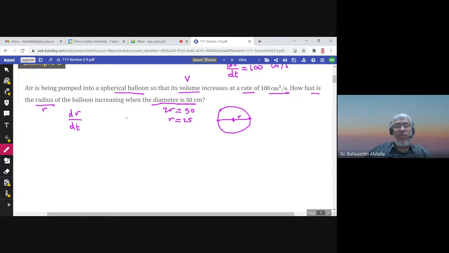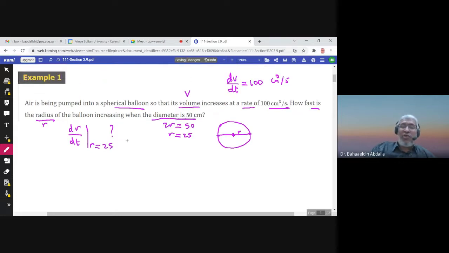And the question, how fast is the radius increasing? So what is dr by dt when r is 25? So that's the question. So in this example, dV by dt is given, and dr by dt when r equals 25 is required.